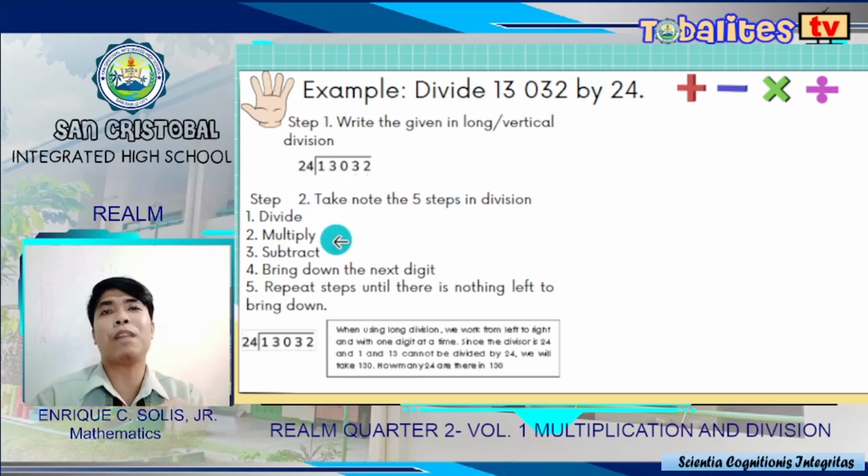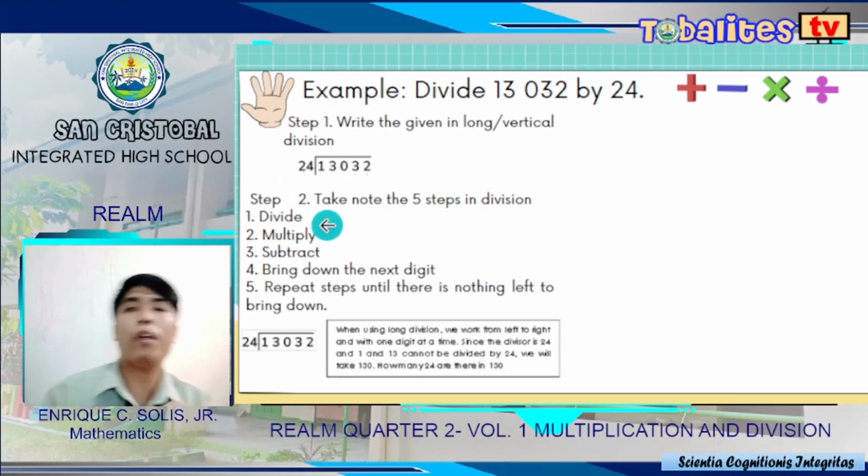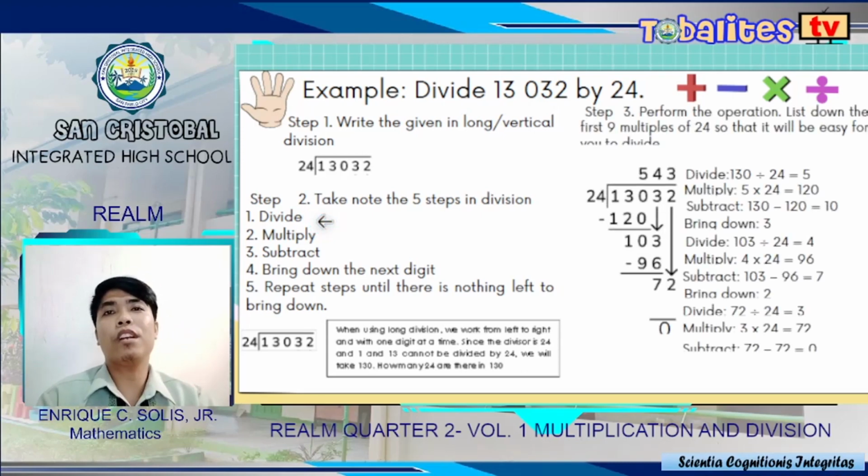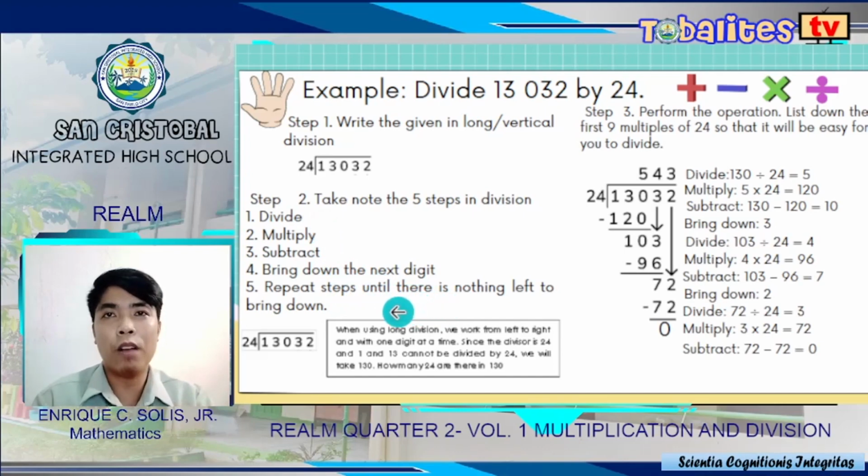These are the steps that we are going to follow when we are dividing numbers, especially in vertical or long division. First step is divide, second is multiply, third is subtract, fourth is bring down, and fifth is repeat steps until there is nothing left to bring down.